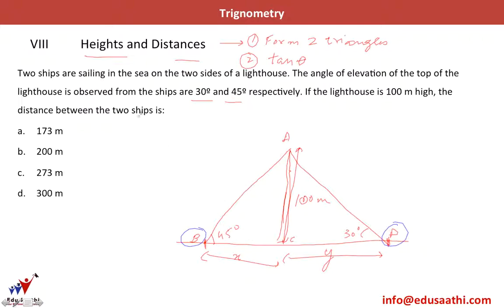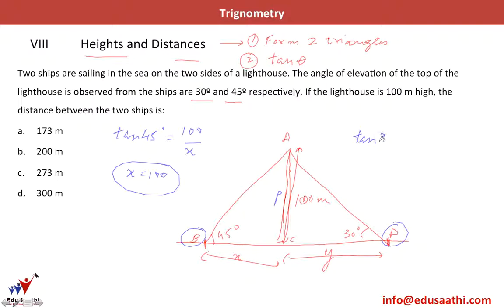Let's apply tan theta once. So I apply tan 45 degrees is equal to this perpendicular, which is 100, divided by the base, which is x. I know that tan 45 degrees is 1, so I simply get x is equal to 100. Let's apply tan theta again for this second triangle.